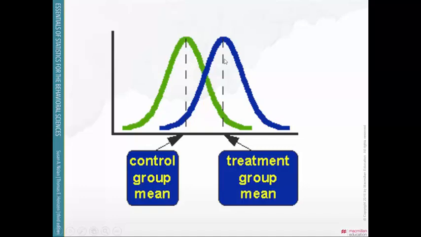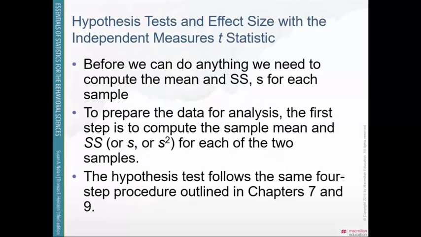And if you could imagine that these distributions are really far apart, like the green distribution is all the way over here, and the blue distribution is all the way over here. So you see a very big difference between the means. In that case, you're probably going to find that there is a significant difference of your independent variable, in this case, marital status. All right.